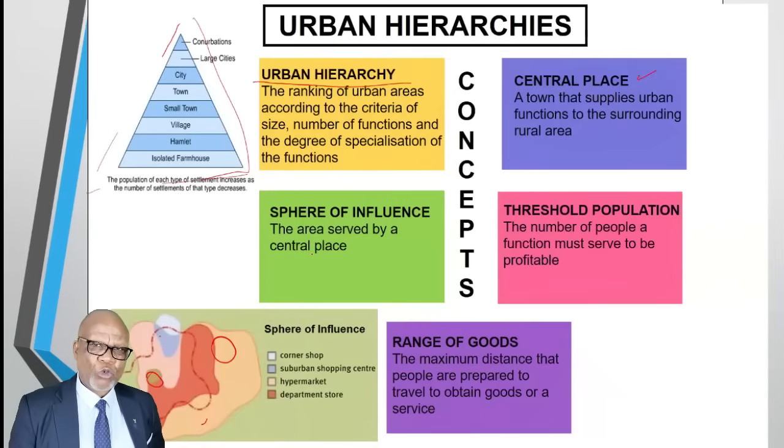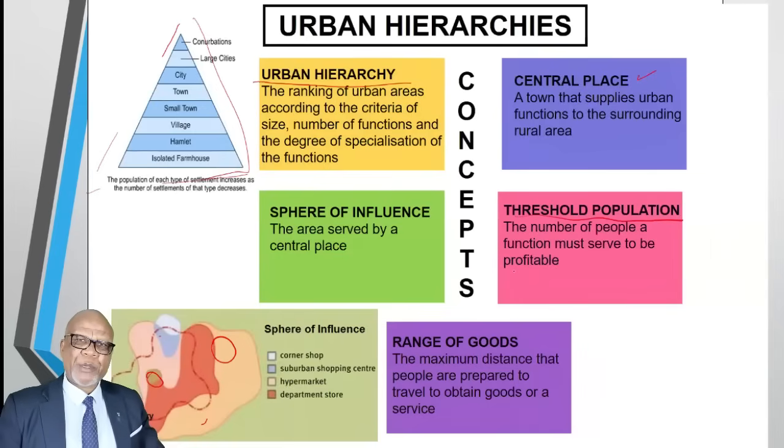And now, because the school is a low order center, the school will have a smaller sphere of influence. And we have what we call threshold population. What is threshold population? It refers to the number of people required to make a business profitable.